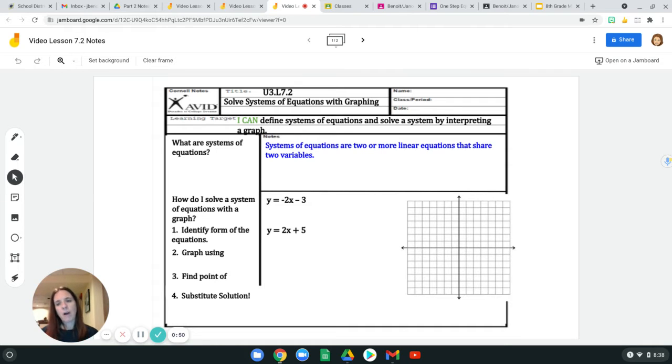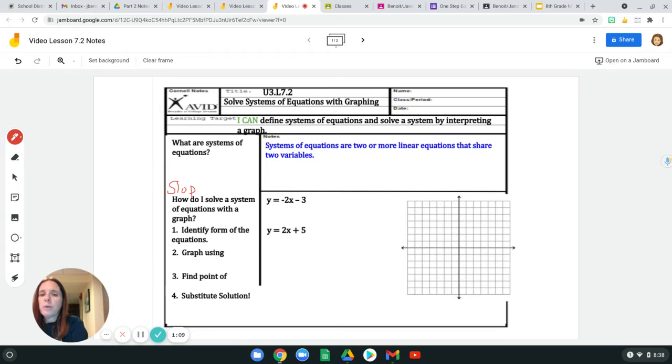All right, so how do I solve a system of equations with a graph? Well, the key, as we talked about before with the systems of equations, is that we want our linear equations in a certain form, and that is slope-intercept form.